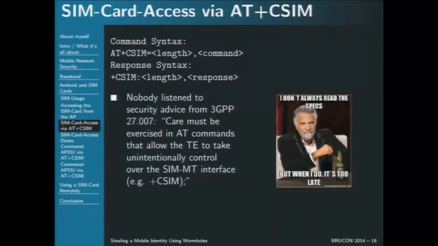Actually, there's even advice in the 3GPP specifications to take care with these commands, because care must be exercised in AT commands that allow the TE to take unintentional control over the SIM-MT interface, e.g. +CSIM. It seems like the developers didn't listen to that advice.